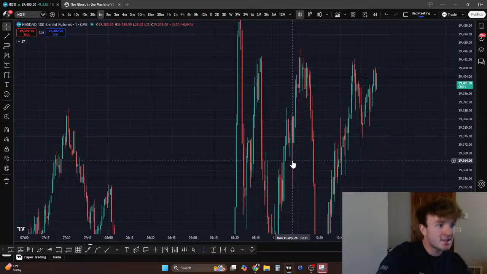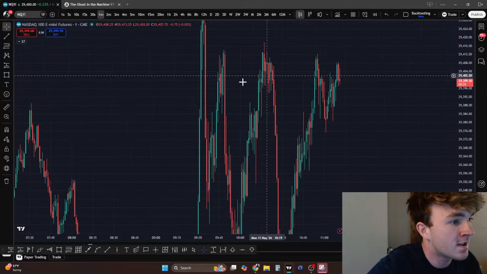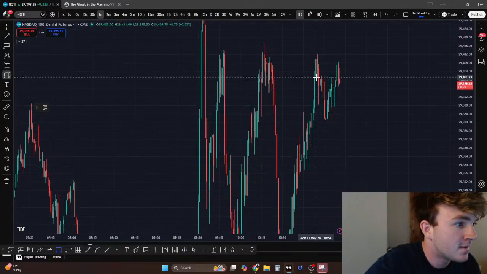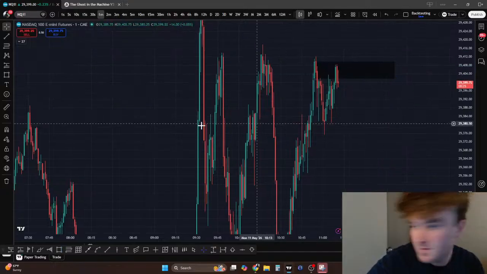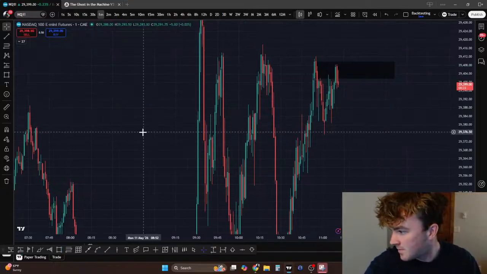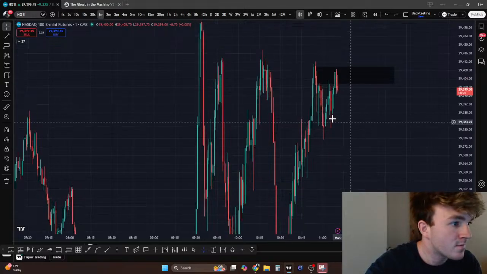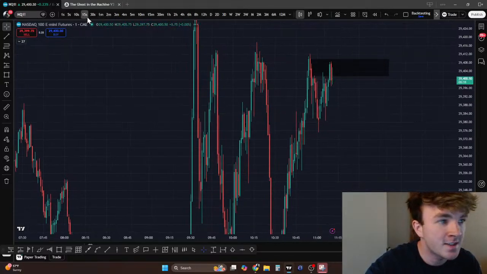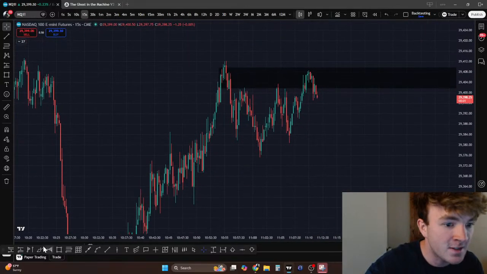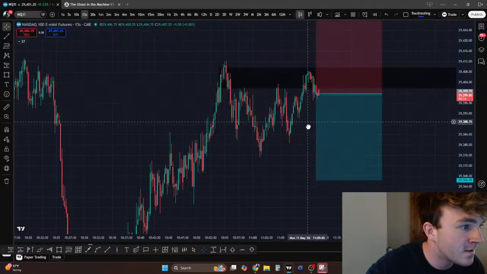I actually kind of think this is a propulsion block to the downside. Wait, actually, I think that's 100% right. And then we got change in state to the downside here.